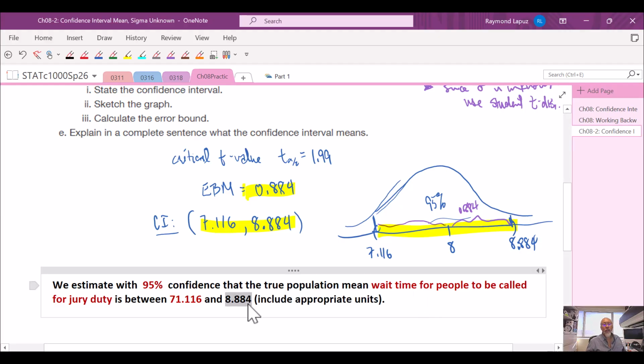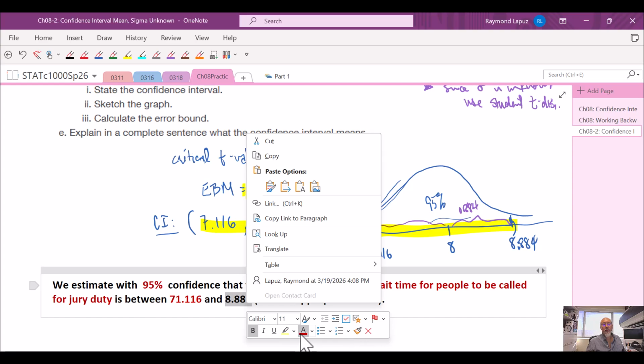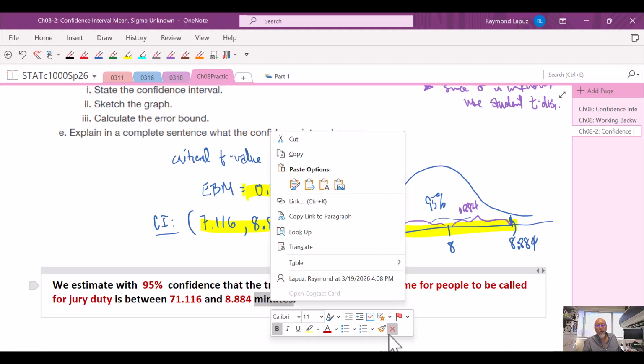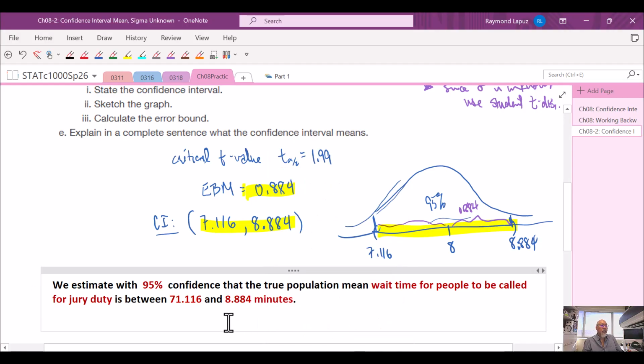And then we want to also include the units, and I think since we're talking about wait time, these are minutes. And so that's the other change that we did from our template. And I think that completes everything that we need to find for this problem.